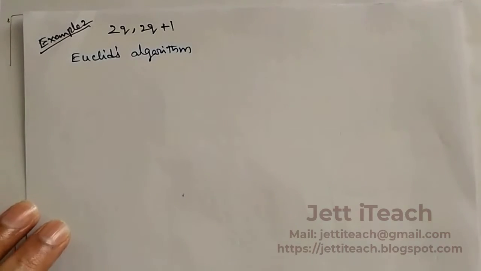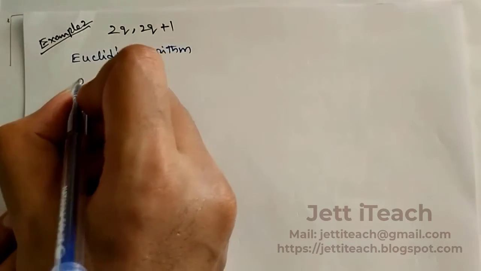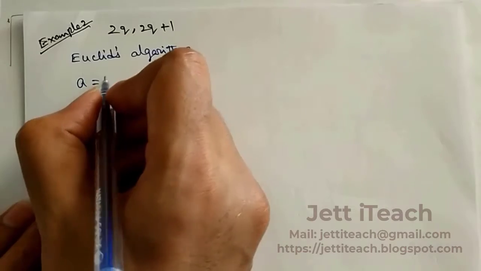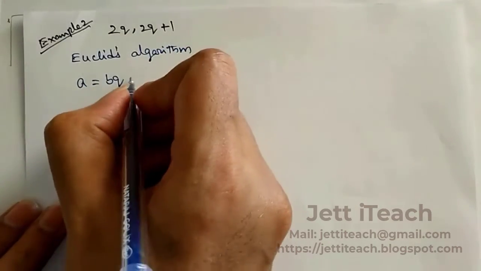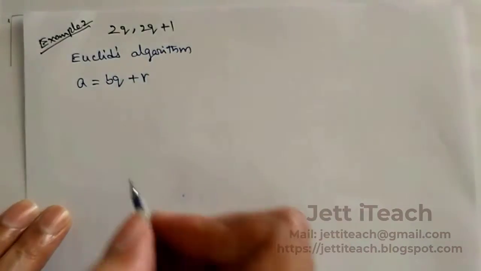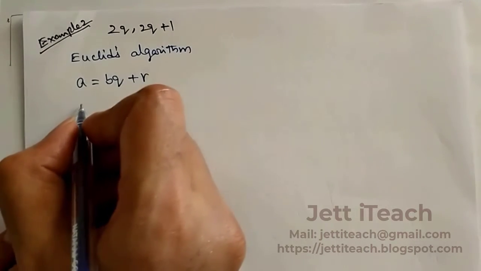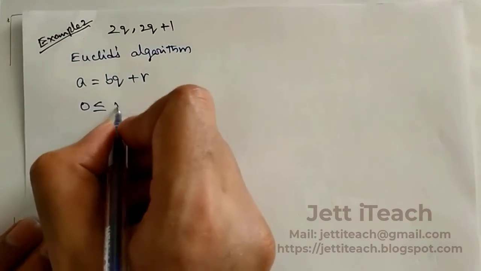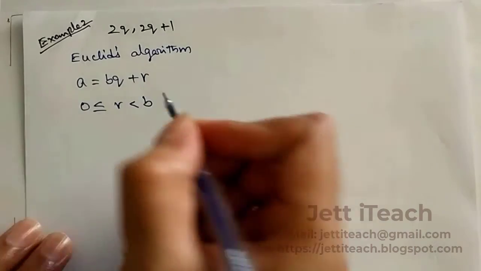Okay, what's Euclid's algorithm? a equal to bq plus r, where 0 less than or equal to r less than b.